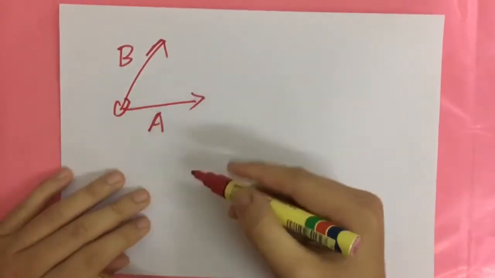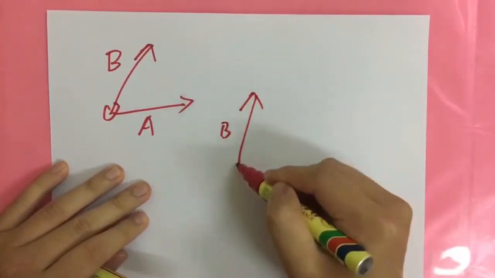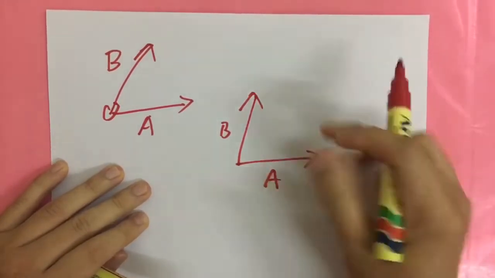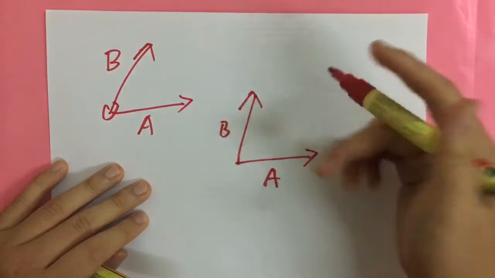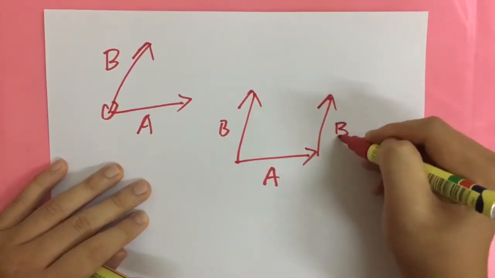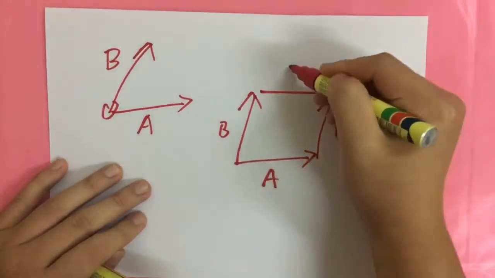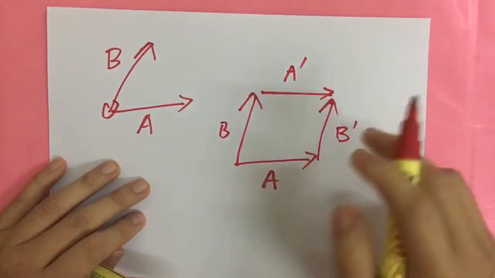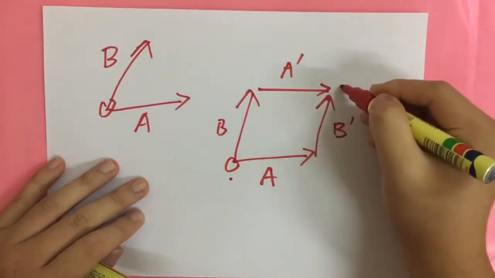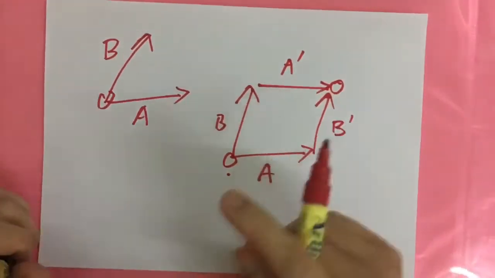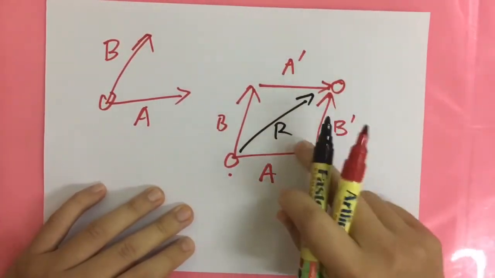So we copy B and A. We copy another line parallel to B, and then another A right here. This would be our starting point, and our final point would be here. So the resultant line would be here.